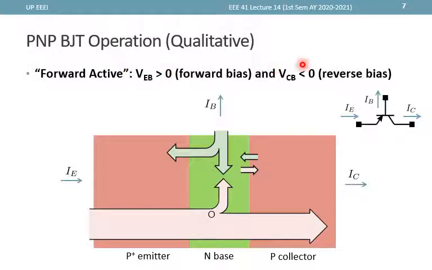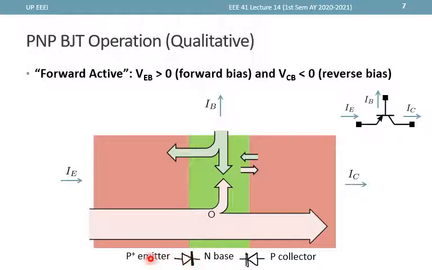Now, these two voltages right here can be seen if we look at the junctions as separate PN junctions. So for the emitter base junction of a PNP BJT, the diode will be oriented in this manner.